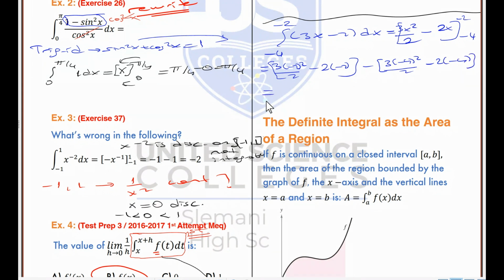Let's evaluate: 2 squared is 4, 4 and 2 simplify to 2, 2 times 3 is 6, plus 4, so this makes 10, minus 4 squared 16, 16 over 2 is 8, 8 times 3 is 24, minus minus plus 2 times 4 is 8, so 24 plus 8 is 32. So 10 minus 32 is minus 22.